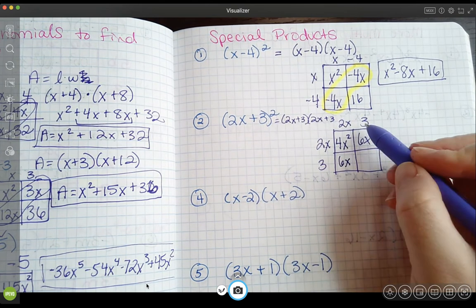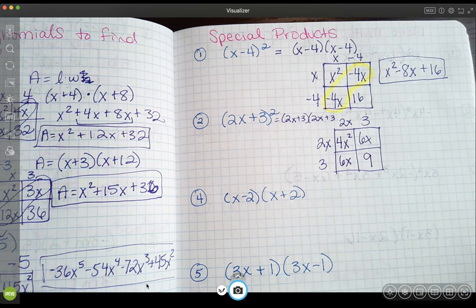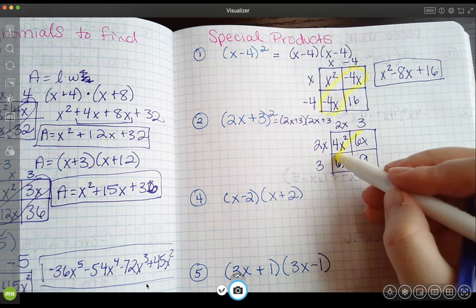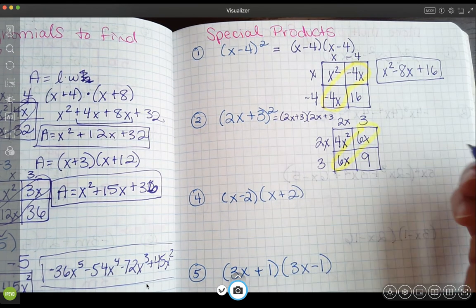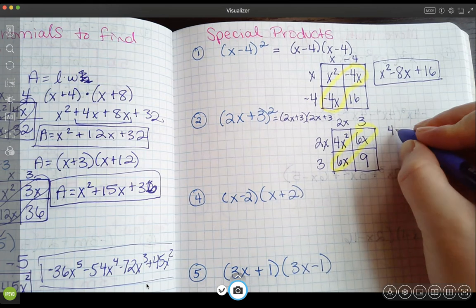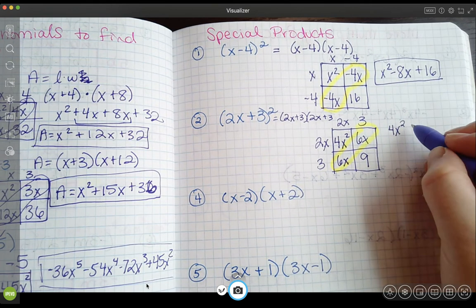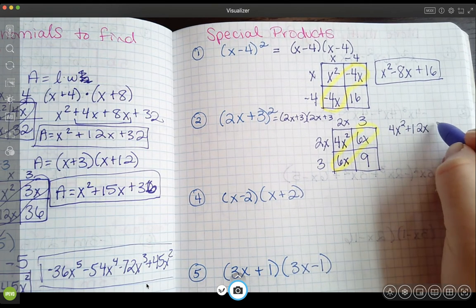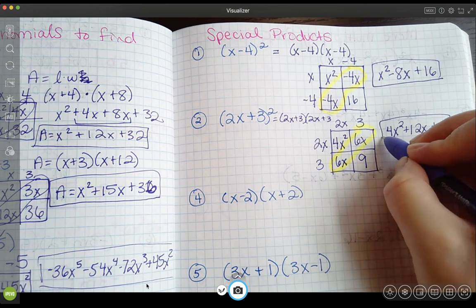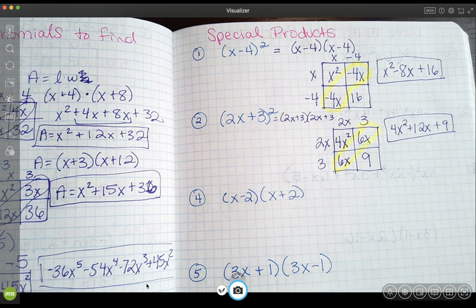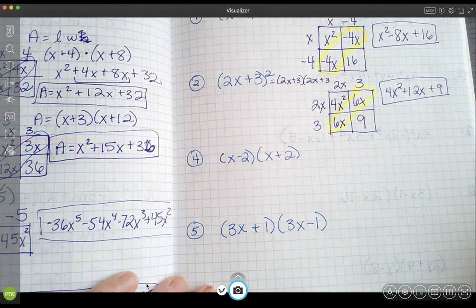And 3 times 3 is 9. And then we have a 6x and a 6x, making that 12x. So our final answer is 4x squared plus 12x plus 9. Okay, pretty good.